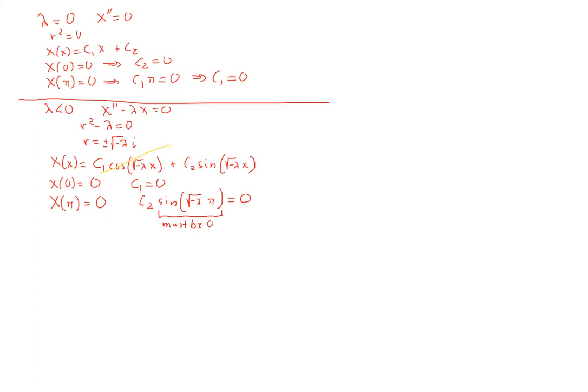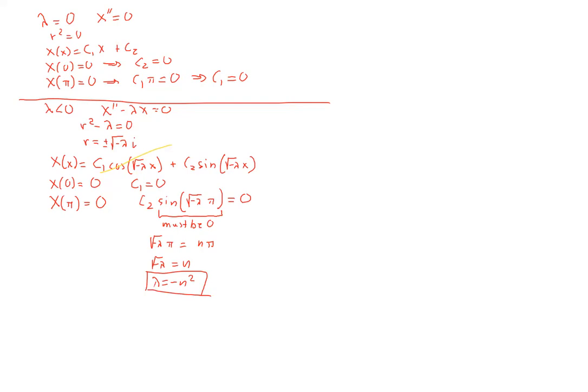And this number is 0 when whatever you plug in is an integer multiple of pi, a natural multiple of pi, I should say, natural number meaning positive integer. So square root of negative lambda times pi should be n pi, which forces square root of negative lambda to be n, and lambda should be negative n squared. These are our eigenvalues.